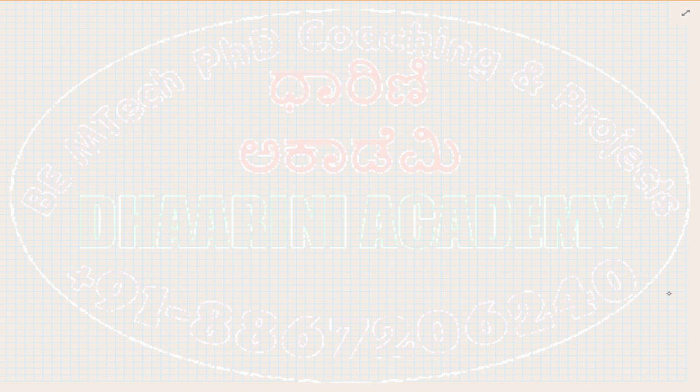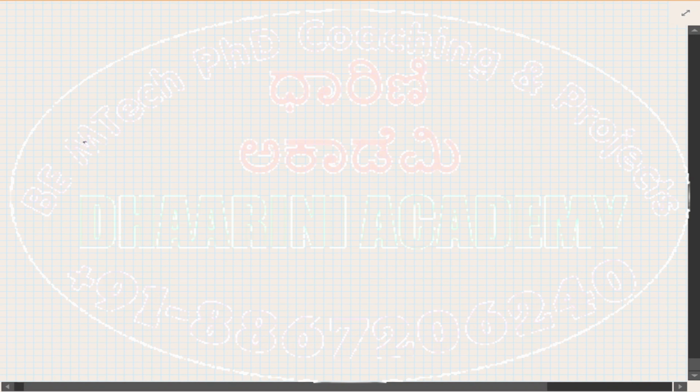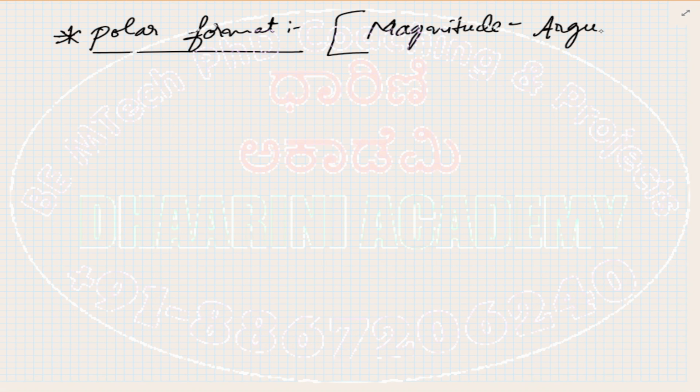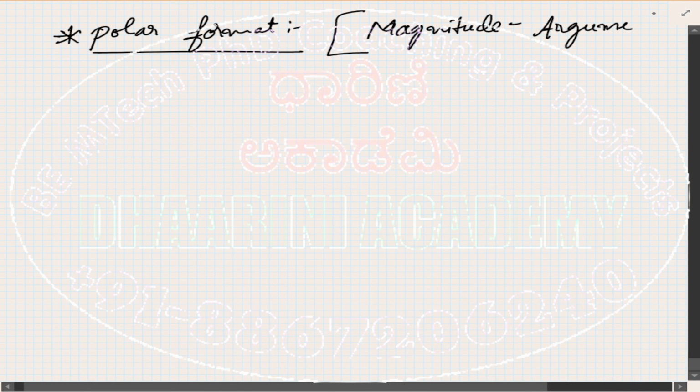Then format number 2 is called the polar format. This is also called the magnitude argument format.